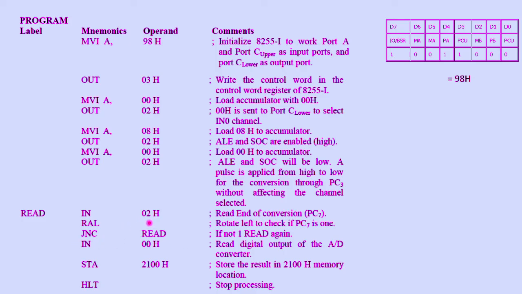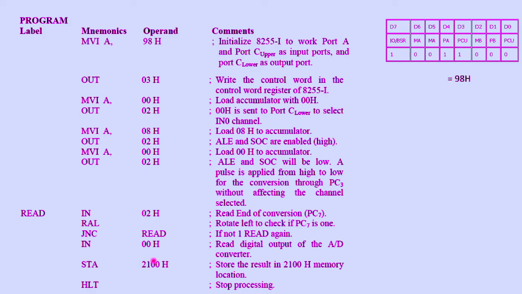But if PC7 becomes 1, then the RAL command will transfer it to the carry, and in that case the condition for jump if not carry will become false and it will come out of the loop.